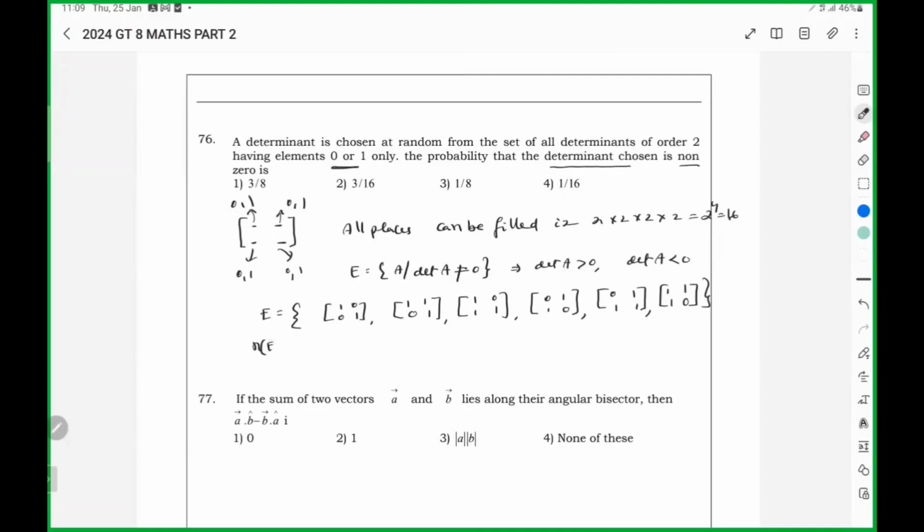There are three matrices whose determinant is either positive or negative. So P of E will be 6 by 16, 3 by 8.